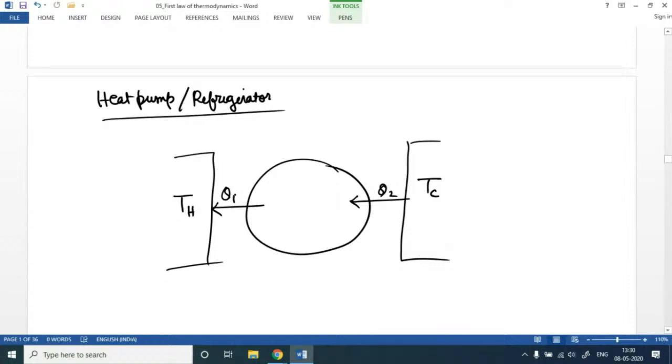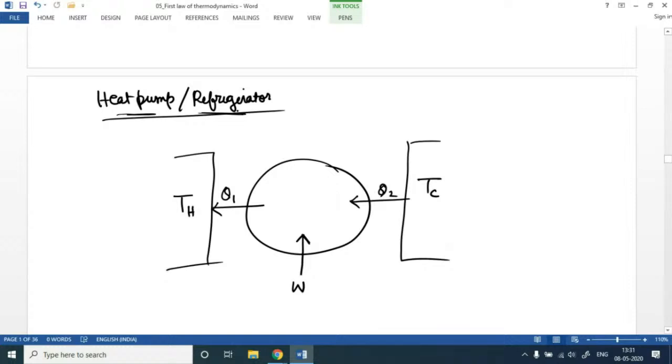Obviously, in order to make it happen, we need to provide it some energy, some power, we need to do some work on that system. So work is being done externally on it. Whereas an engine is a device which produces work, when you want to operate a heat pump or refrigerator, you need some external power source.